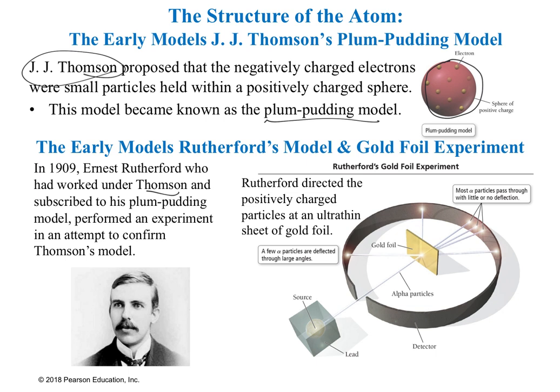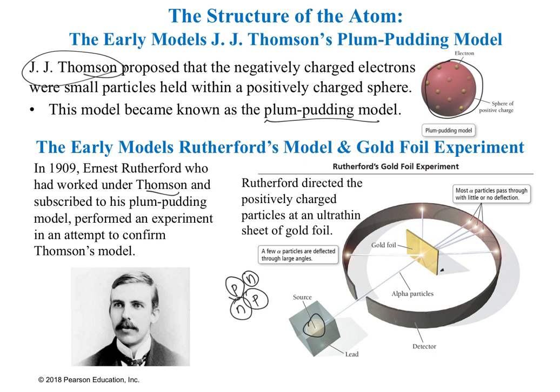A really, really thin piece of gold foil was placed inside this chamber, and a source of alpha particles was emitting. An alpha particle is basically the nucleus of a helium atom, which is 2 protons and 2 neutrons.